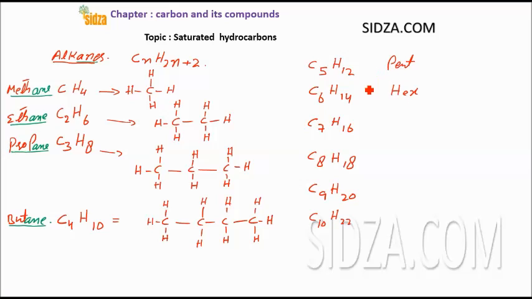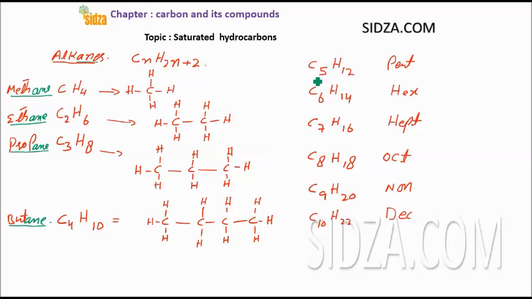C5 is pent. C6 is hex. C7 is hept. Any hydrocarbon, whether saturated or unsaturated, we use this pent, hex, hept, right? C8 we use oct. It refers to the number of carbon atoms actually, how many carbon atoms are there. C8 means there are 8 carbon atoms. And C9 is non. And C10 we use dec.